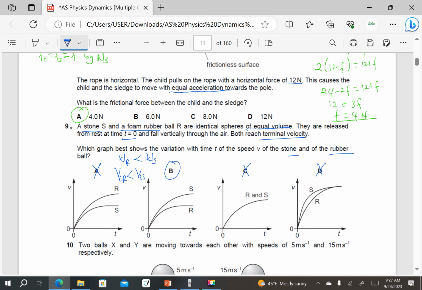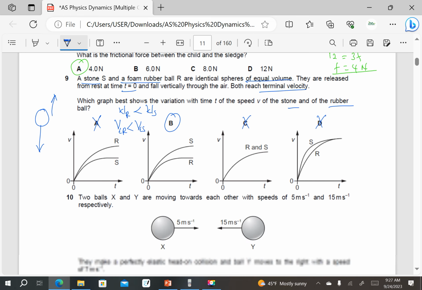I mean, they do not experience the same air resistance, since for a falling object, the weight is constant, but the air resistance increases, and air resistance affects more the lighter object than the heavier object. So the one which is lighter reaches terminal velocity in a short time, and therefore it gains a smaller terminal velocity. So the answer is B.